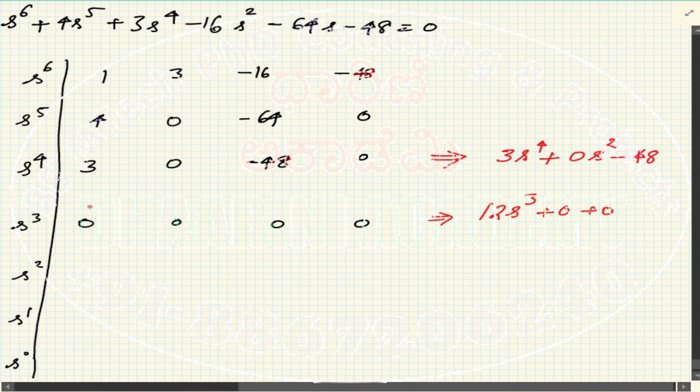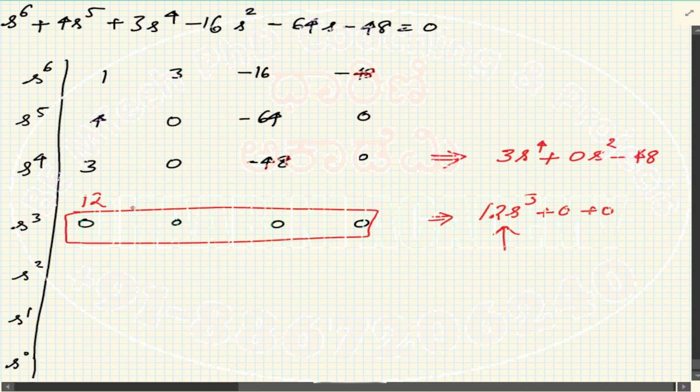So corresponding to s cube, I can actually remove this complete row now. I don't have to use this. You write whatever is here. S cube term will come here, that is 12. Right? 0 into s to the power 1. So this is 0. All other values are zeros. Okay, so you write this and now you proceed.